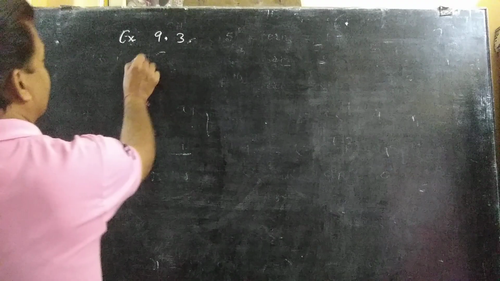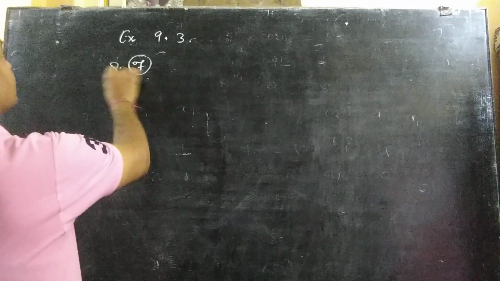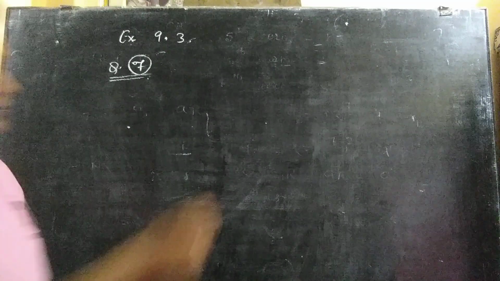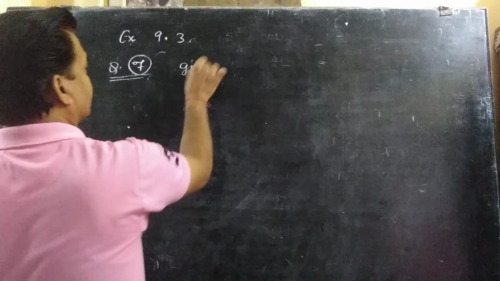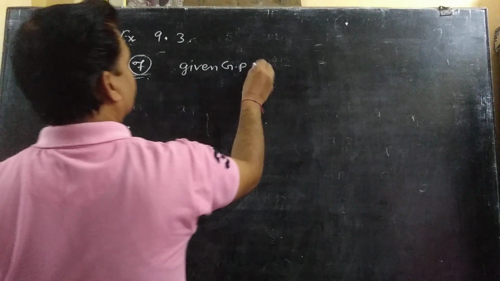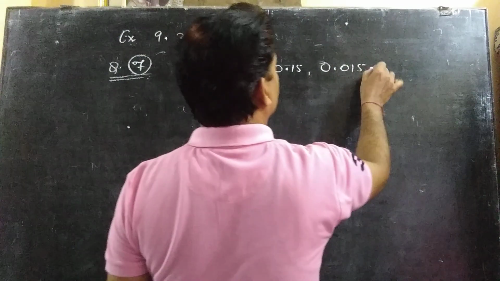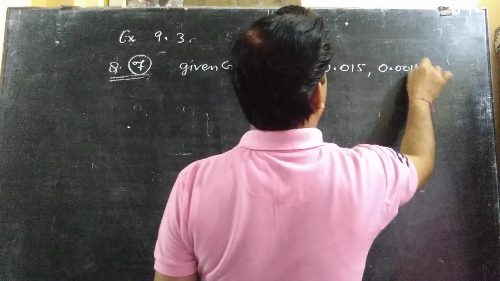Now the next problem we are having here, finding the sum, and we are taking problem number 7. In the 7th problem, what we have here, 0.15, 0.015, 0.0015 and so on.